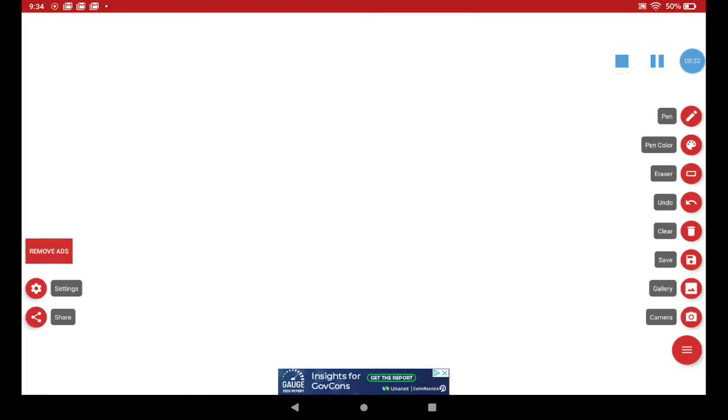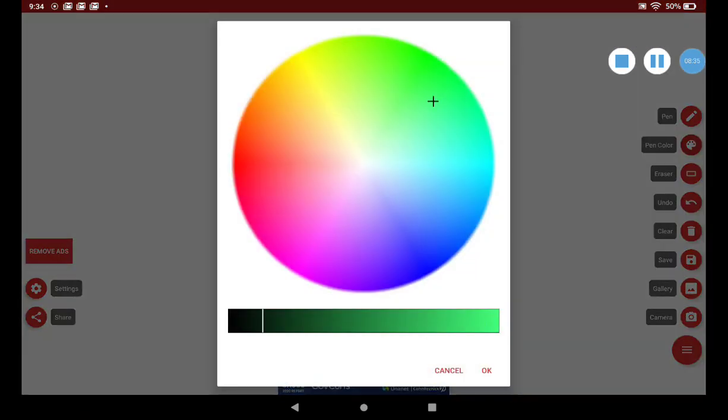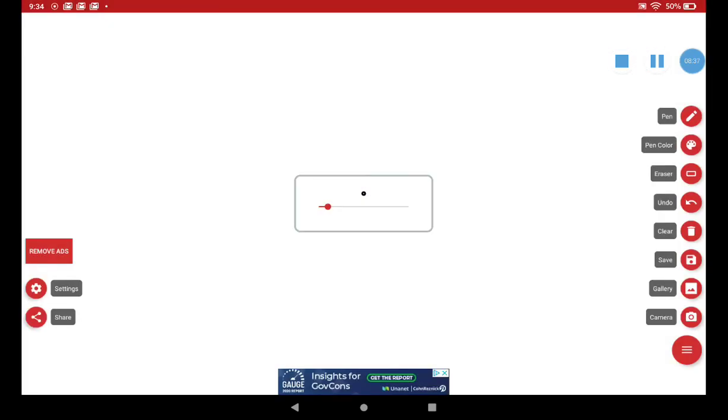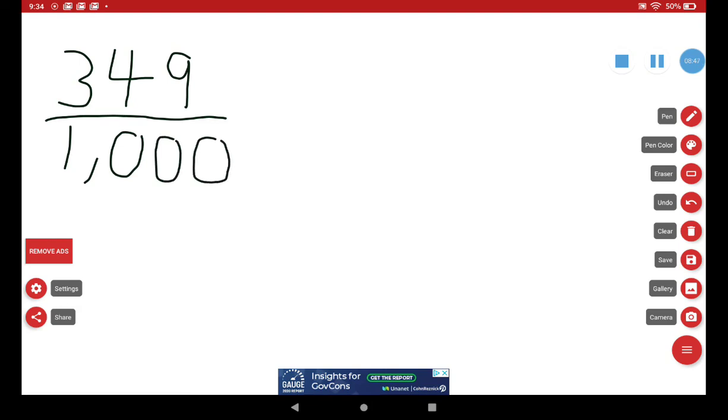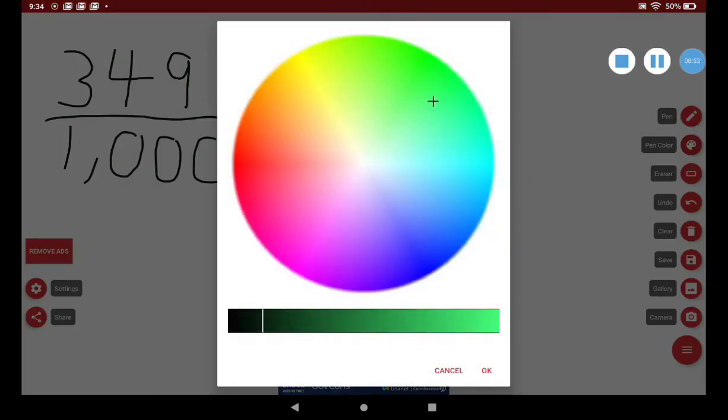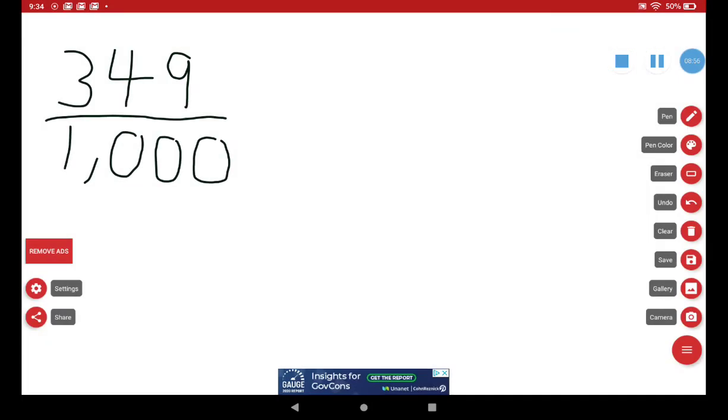Let's say I have a number that looks like this: 349/1,000. All right, I'm going to write out my place values again.